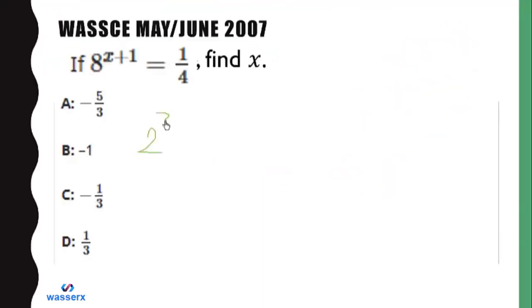So 2 to the power 3 will give us 8, but there was x plus 1 over there already. Then it's equal to 1 over 2 to the power 2, and we know this will give us 2, so 1 is over everything.